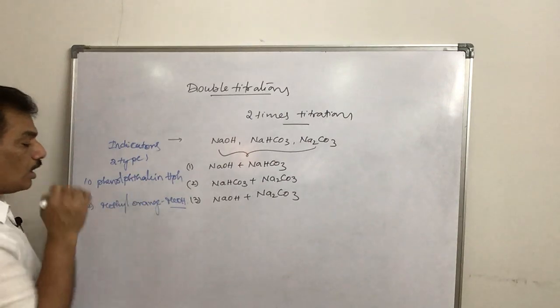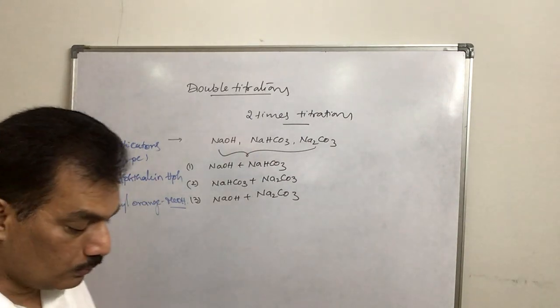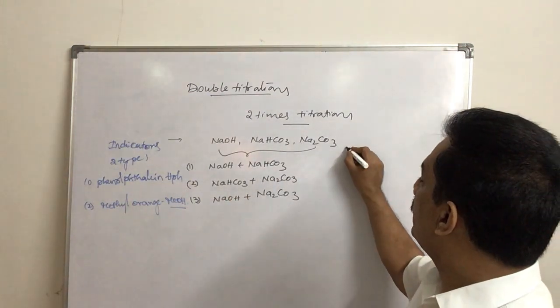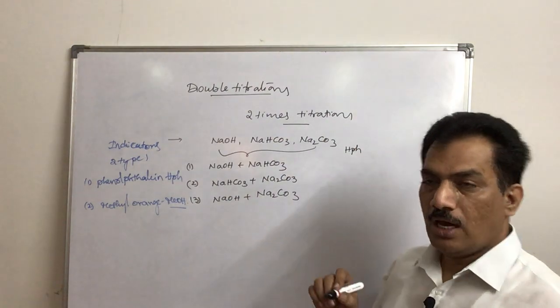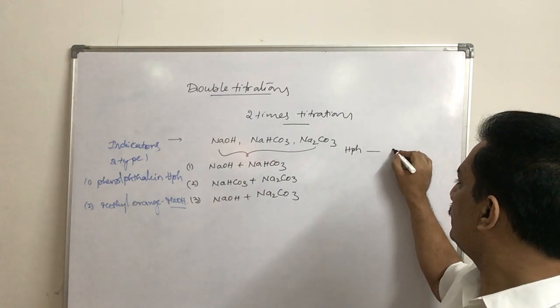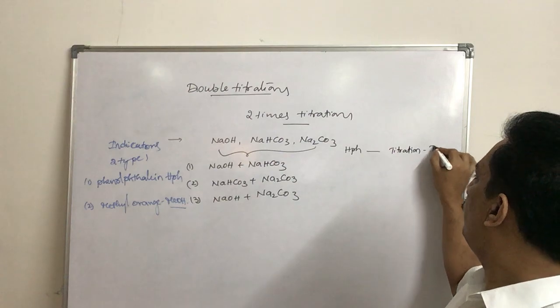So these two are used, and just remember, first of all we have to titrate the solution with phenolphthalein. This is the sequence, just remember. First we have to titrate by using phenolphthalein as indicator. It is nothing but titration 1.